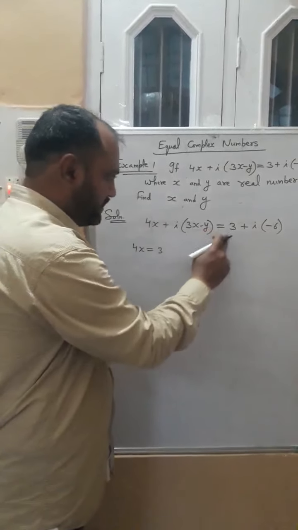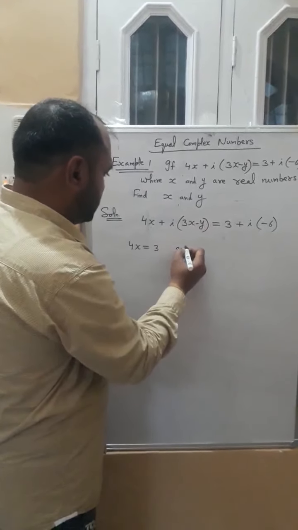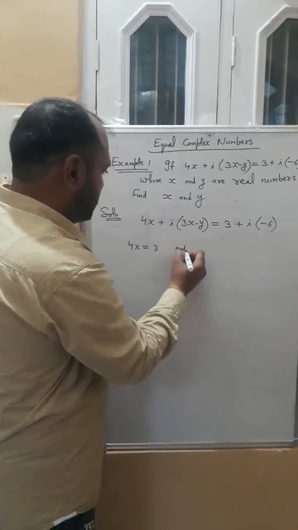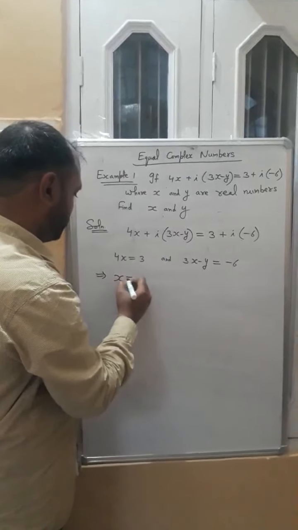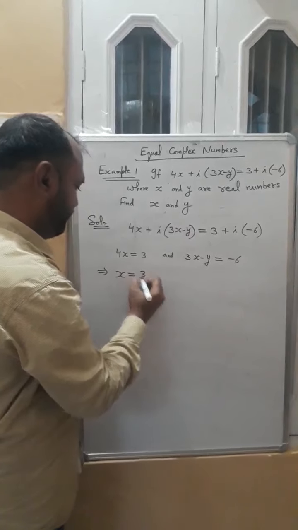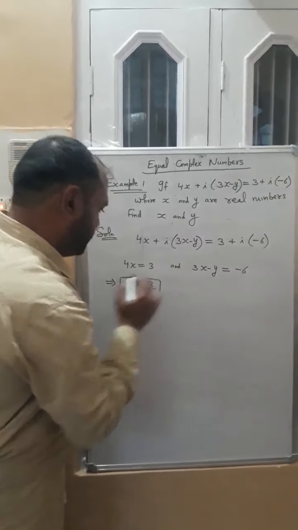Real part is equal to real part, and imaginary part is equal to imaginary part, that is 3x minus y is equal to minus 6. From this we have x is equal to 3 by 4. So the value of x is equal to 3 by 4.